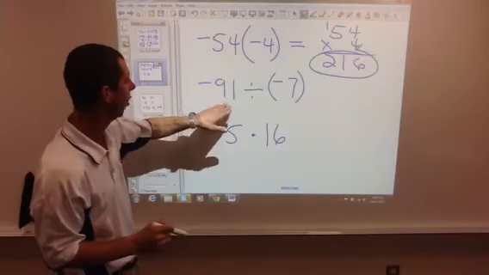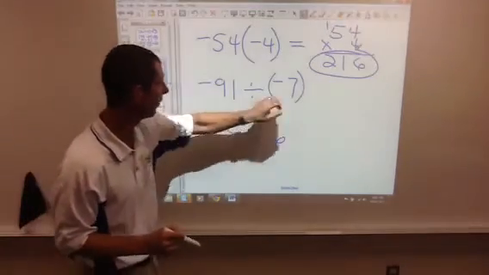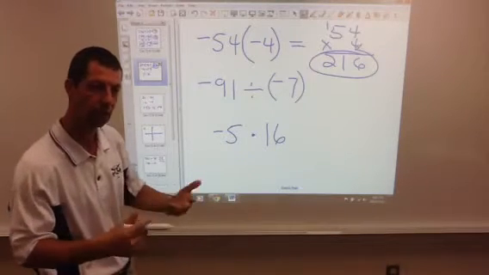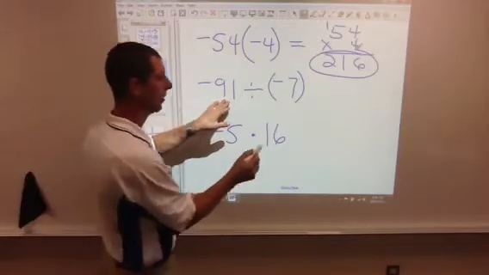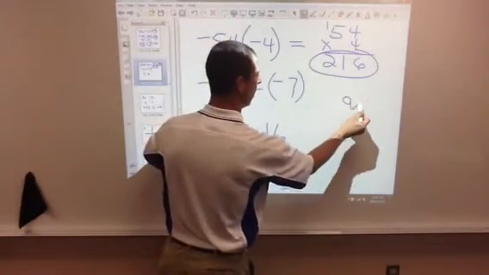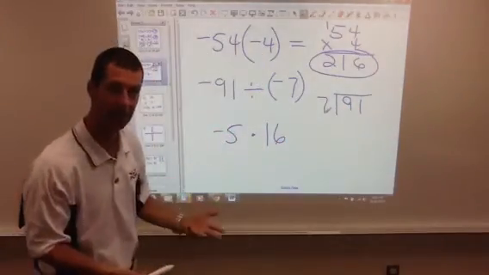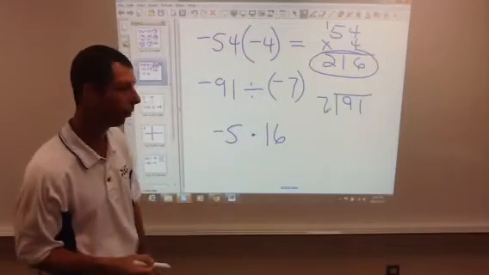Okay, here now we have a division problem, two negative numbers. Once again, I would set it up and do the long division instead of trying to do it in their head. The first number you read always goes inside the box in the long division. So 91 inside the box, 7 on the outside. It's going to be a positive answer. You can determine that even before you do any of the work.